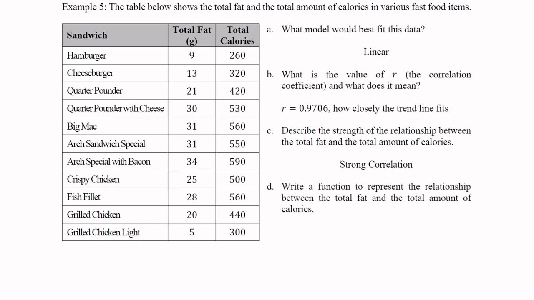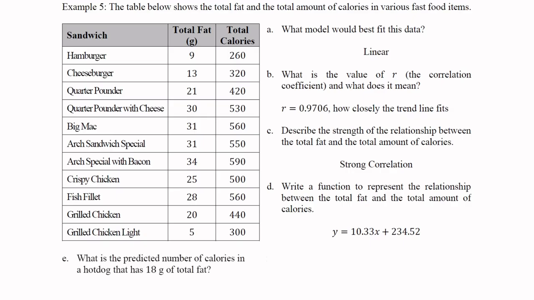And the type, we're going to write a function to represent the relationship between the total fat and the total amount of calories. So you're going to use the values that Desmos gives you, and you get 10.33x plus 234.52. What is the predicted number of calories of a hot dog that has 18 grams of total fat? You can plug that into the equation we just found.